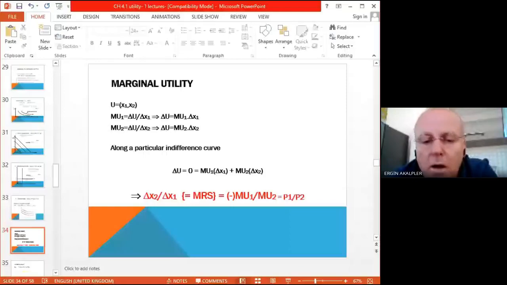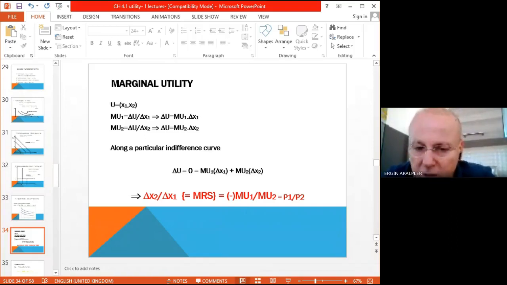As I mentioned to you, the marginal utility of 1 is supposed to be negative, divided by marginal utility 2, and this is, of course, a price change, where it should be P1 or P2, the price of the first product or the price of the second product, so-called X1 and X2. Should any of these be reduced, let's say P1 is reduced to increase P2 consumption, because P2 is constant.